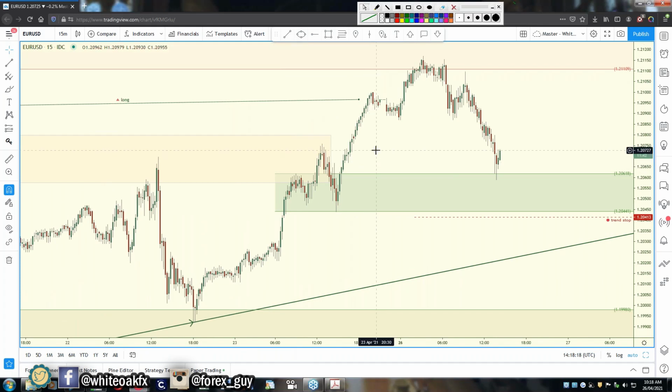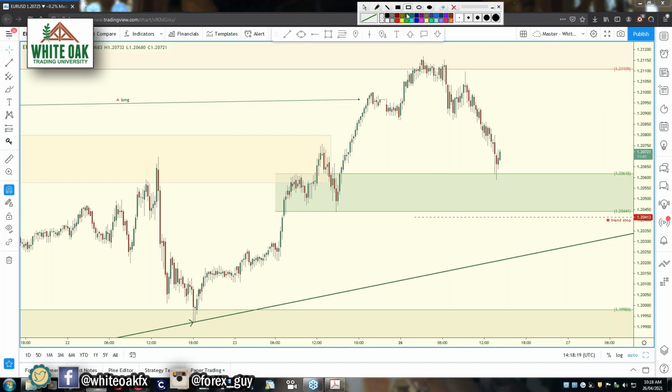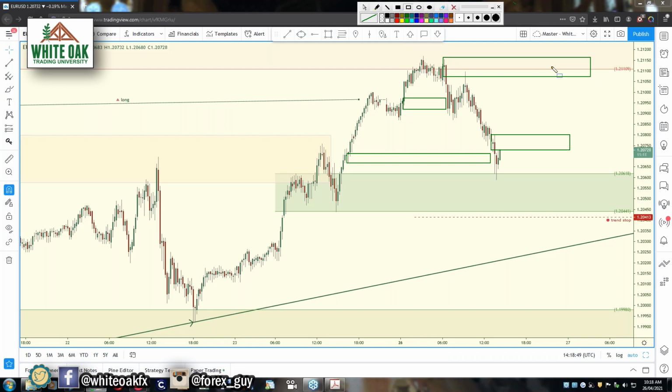So we got a nice jump on USD CAD this morning. It looks like a day trade might be setting up here on the 15-minute chart off of the 4-hour demand. No proper downward trend line here, but these are the two areas I'd be watching: this here and this here.